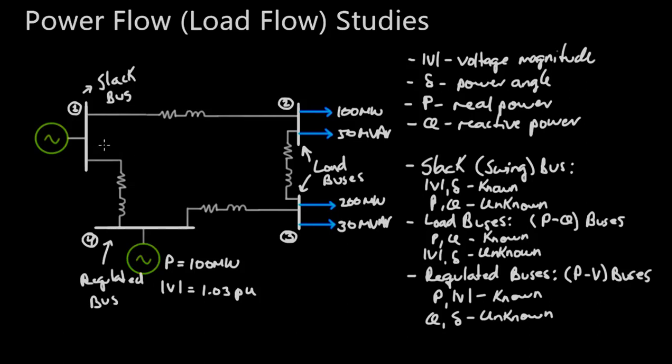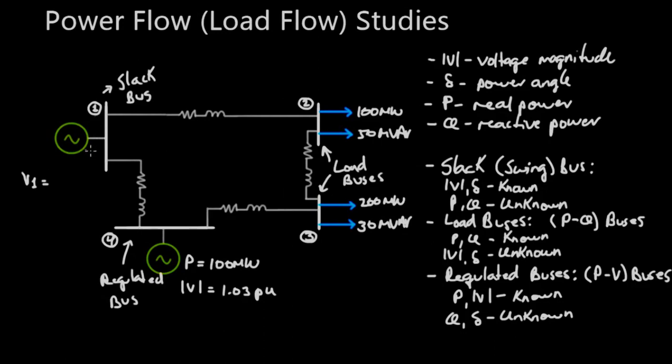And now on our slack bus, we would know the voltage magnitude and the power angle, which again would be fixed for a slack bus. So we can say, for example, that V1, the voltage at bus 1, is equal to, let's say, 1.04 at an angle of 0 degrees per unit. And so what's going to happen in this system when we run the power flow study is that we know that this generator is supplying 100 megawatts and has a voltage magnitude of 1.03 per unit.